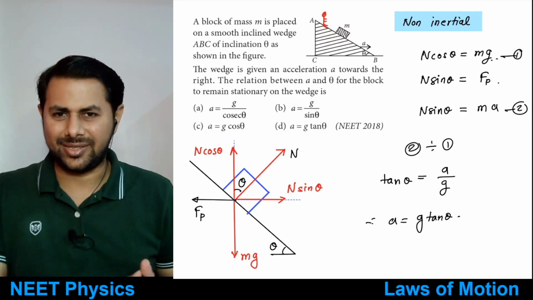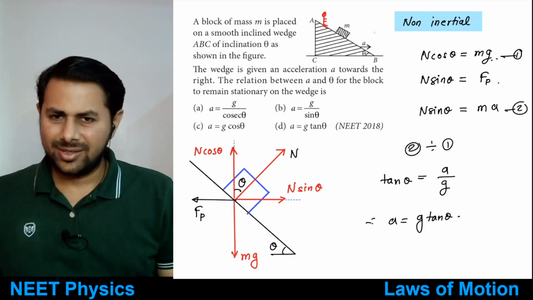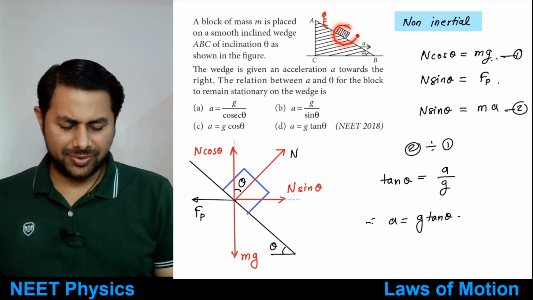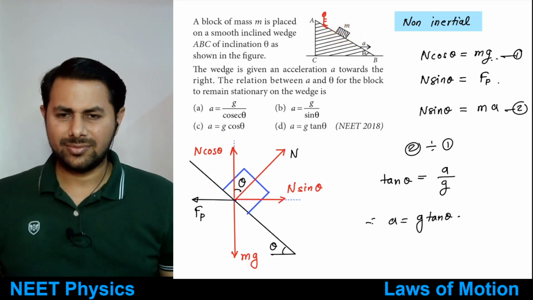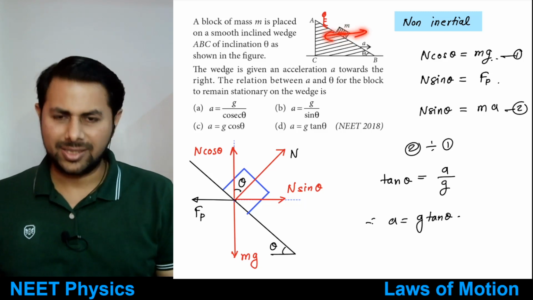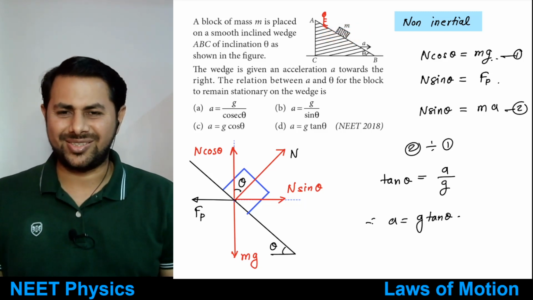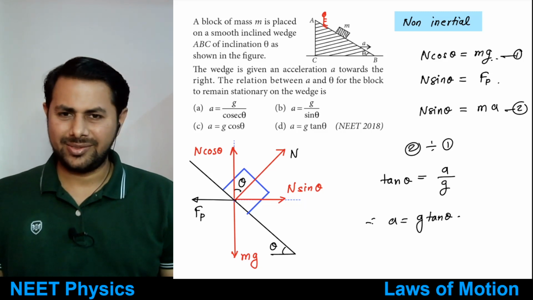He doesn't know that he is accelerating, right? This thing is clear? Yes, no? So that force balances the horizontal component of normal reaction. Okay, so the difference between inertial and non-inertial.